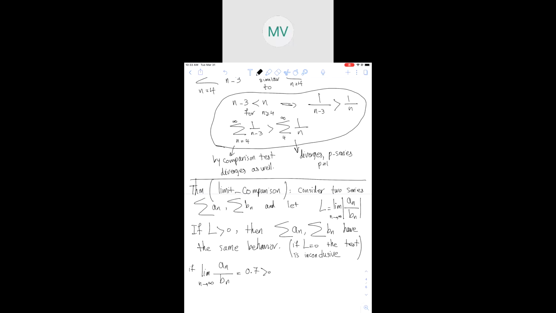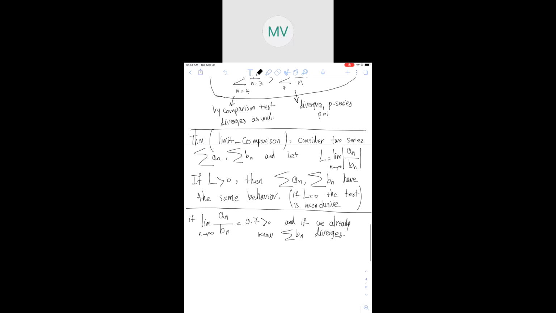If that happens, and if we already know, let's say, sigma b sub n diverges. Now, what's your conclusion about sigma a sub n, according to the theorem, since they both have the same behavior?